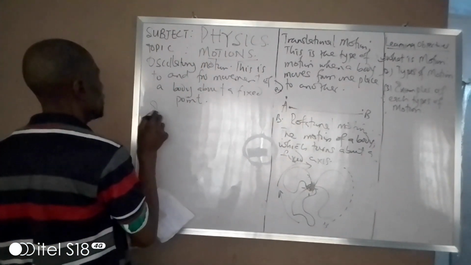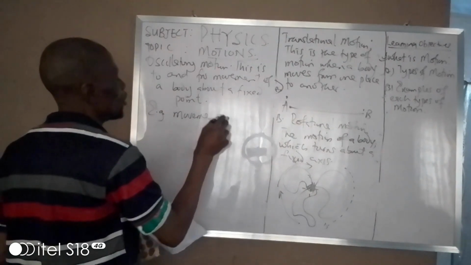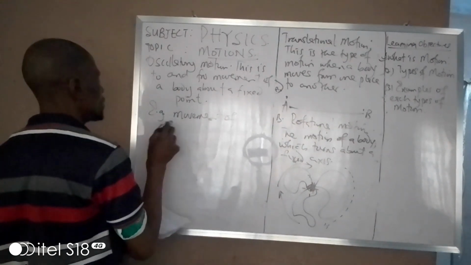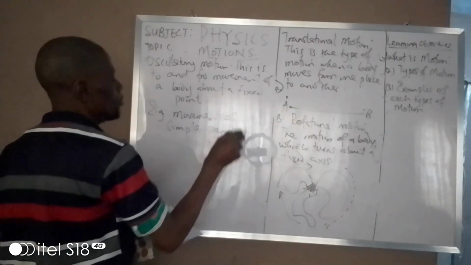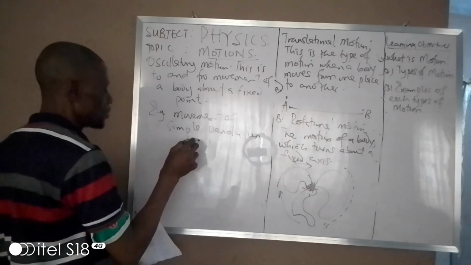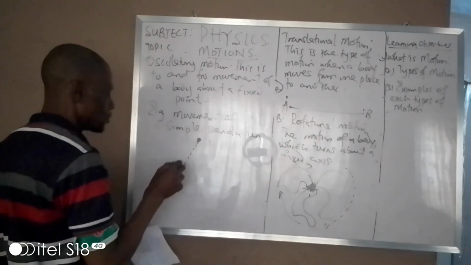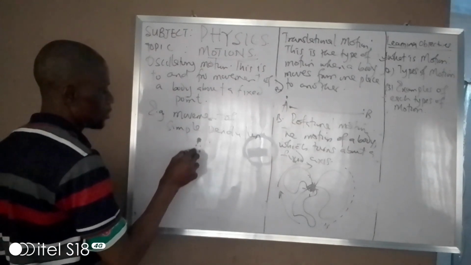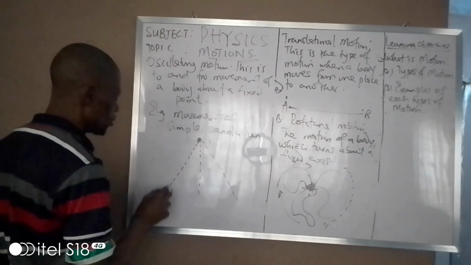Example, movement of a simple pendulum. Let's say we have something like this, our pendulum, about a fixed point. Let's say this is a pendulum.